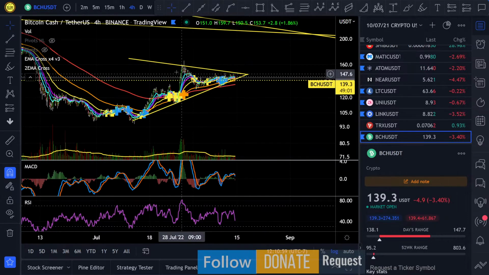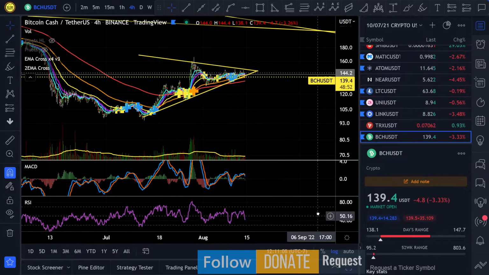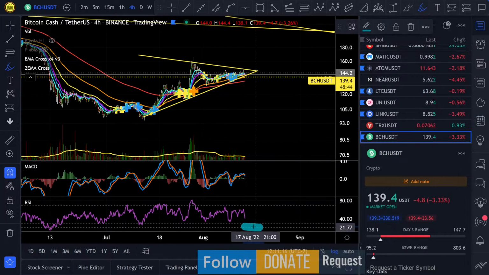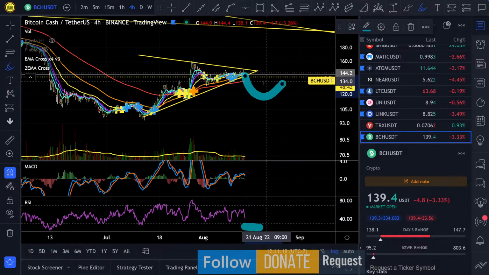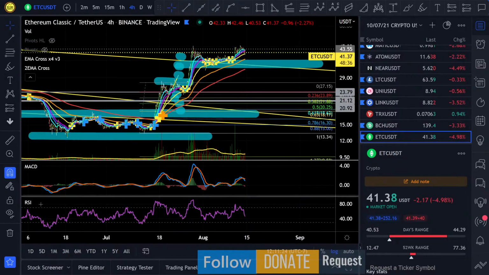Still the 4-hour up cross. Nice. But if I'm very disciplined, it's not quite my setup yet. If it's going to pull back deep, I need this thing to come down lower and then I could buy it, or at least retest the 133 range, the bottom side of that price move.